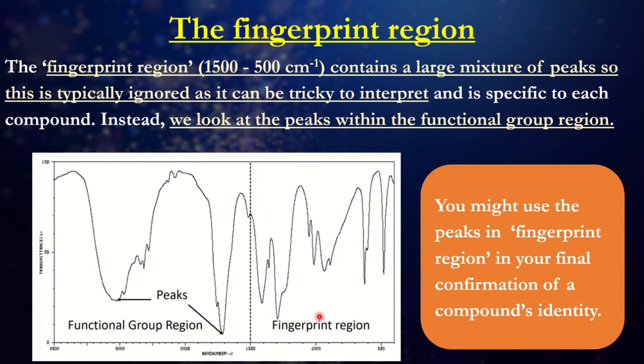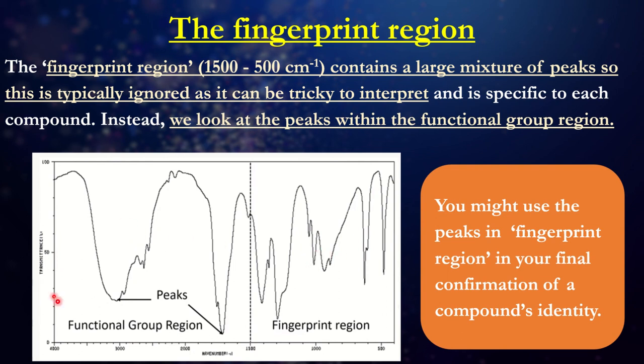Generally speaking, there are two regions of an infrared spectrum. One is called the functional group region, the other one is called the fingerprint region. What tends to happen is we look at the peaks within the functional group region. The reason is that the fingerprint region, from 1500 to 500, contains a large mixture of different peaks, so it can be quite difficult to interpret.